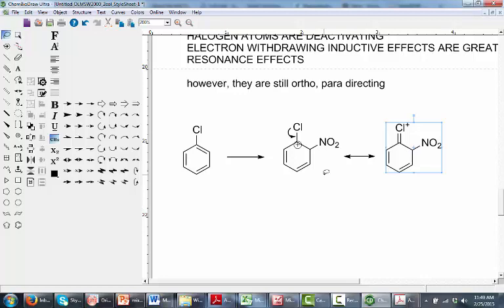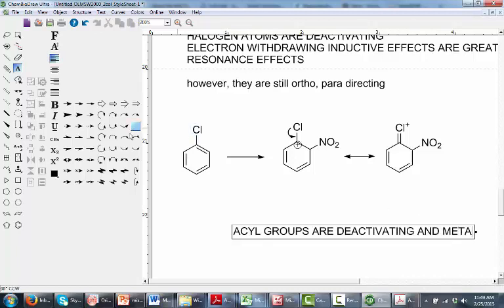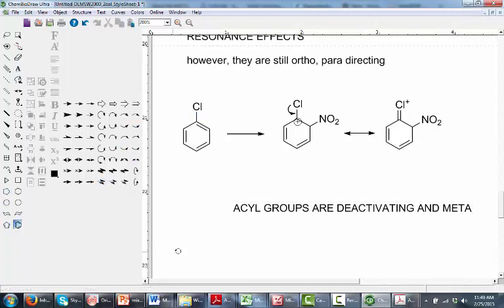All right, and then the final case are meta deactivators. For example, acyl groups are deactivating and meta, and that's precisely exactly the opposite case as these electron donating ortho-para groups.